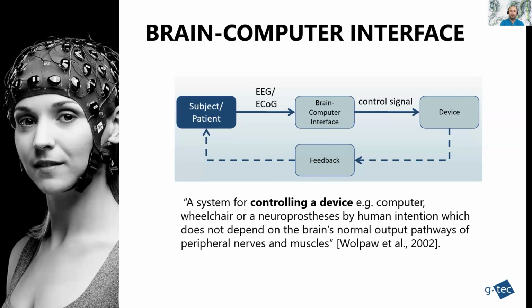So in our case today, this will be the FES stimulator and the TMS machine, and then you can also see the feedback that the subject gets. In case of the stimulator, we will get the movement of the hand, and with the TMS, you get directly a stimulation of the brain.